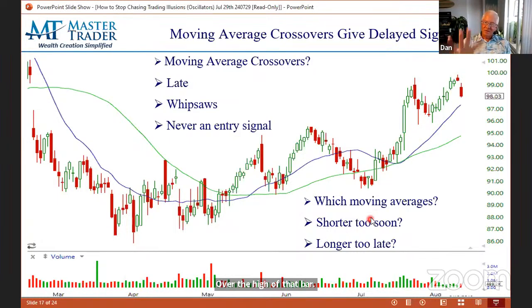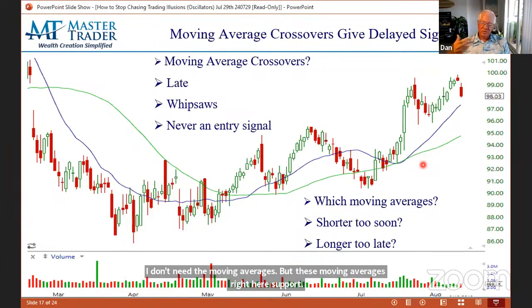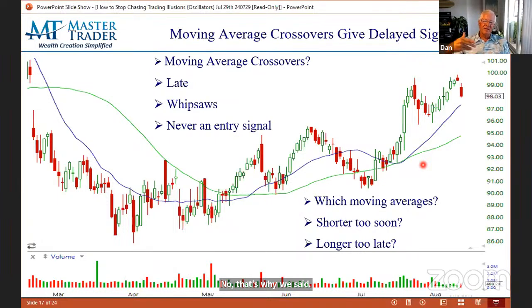Now take that same pattern and put on the moving averages and add everything Greg just said about it. I don't need the moving averages, but these moving averages right here support. That's why we said we're using them subjectively, intelligently.